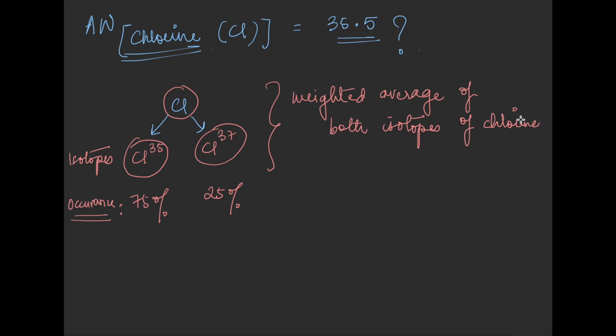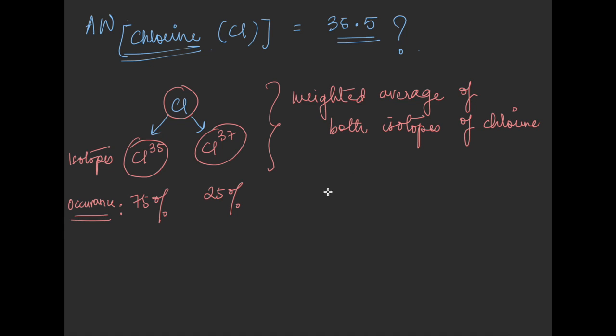All right. So how is the average calculated? Let's assume that we have 100 atoms of chlorine. Average is total mass divided by the number of atoms.